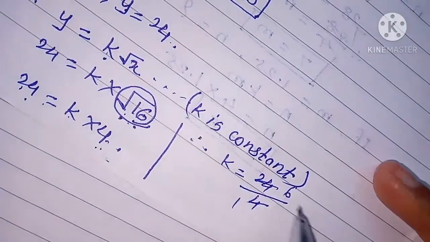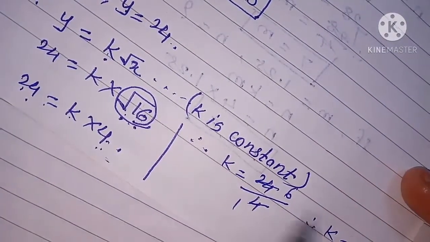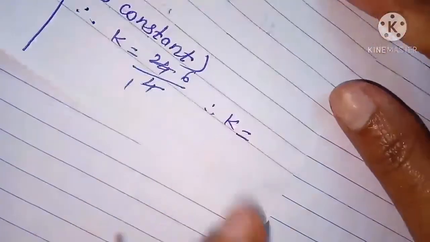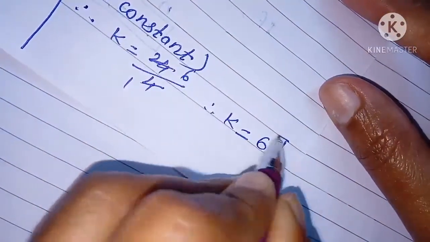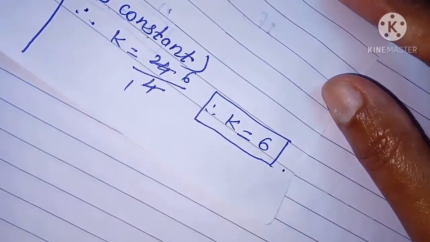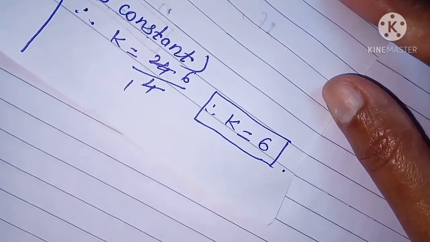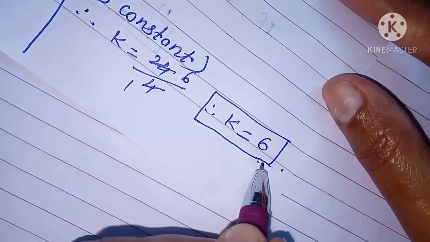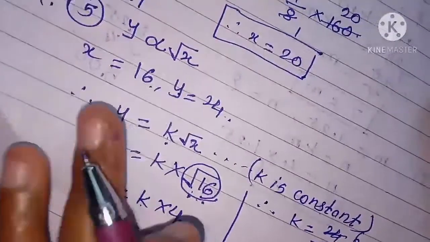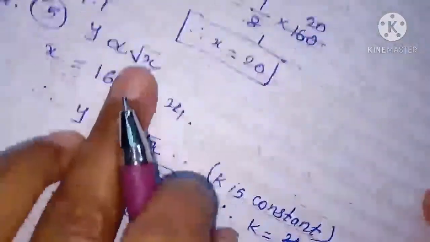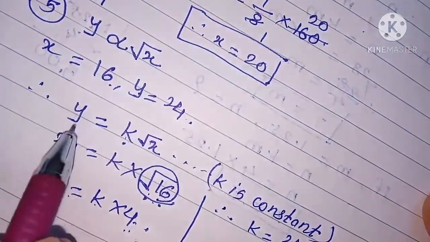Therefore, k is equal to 6. Constant of variation, k is equal to 6. Now, what they ask about the equation. Here, y is equal to k root x.